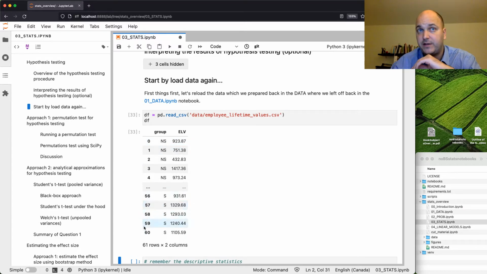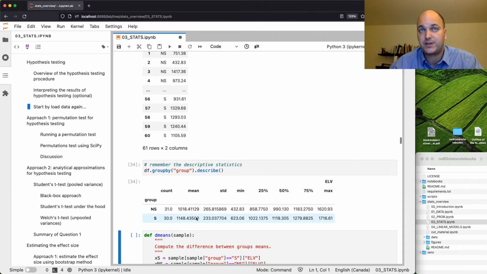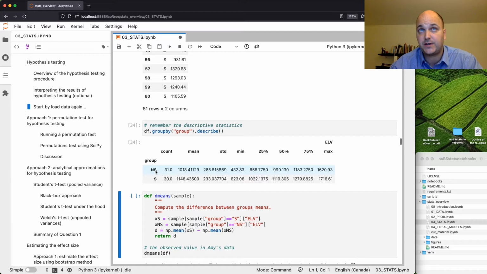And then 30 values for those who took statistics. The descriptive statistics are 1018 and 1048, right? That's different. And we knew the standard deviation for each group. So this block of data here is what we need.